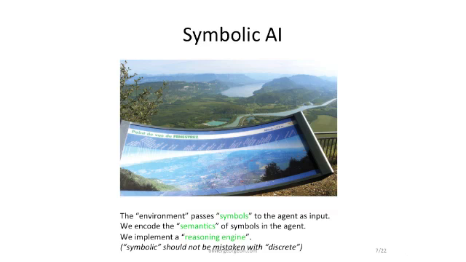So, for example, the environment can pass a symbol apple, and then the designer of the agent encodes a semantics for these symbols. So, for example, there are symbols fruit and edible objects.